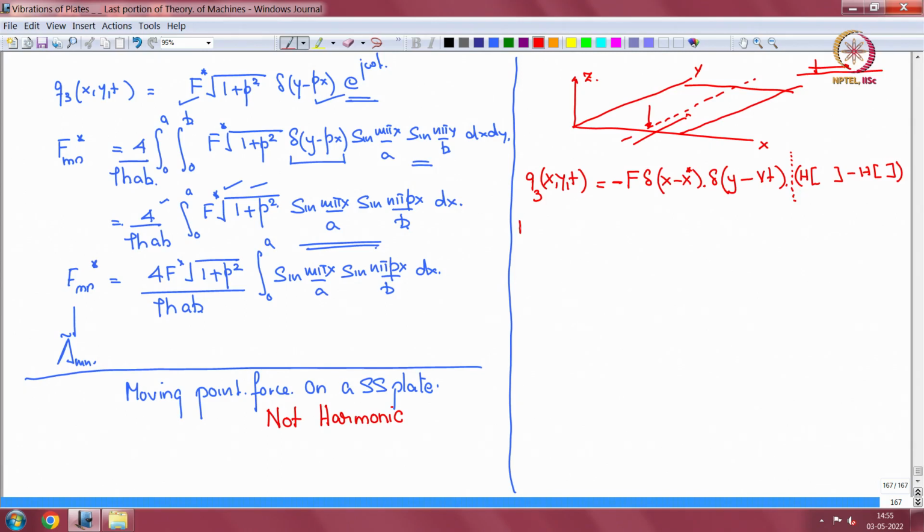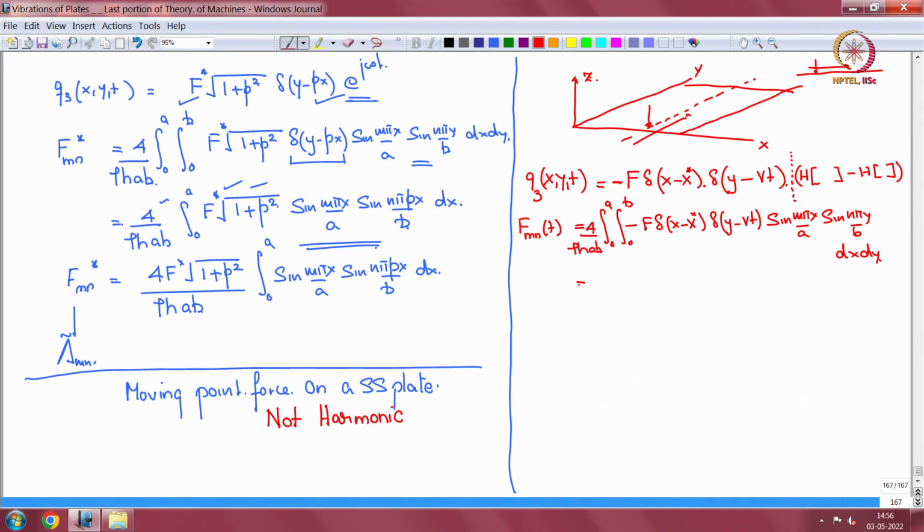So now what is my Fmn of t? This is a transient case now. It is integral 0 to a, integral 0 to b, minus f delta x minus x star delta y minus Vt sine m pi x by a sine n pi y by b dx dy, and 4 by rho h ab.